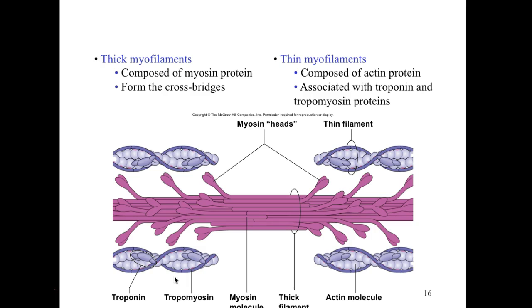So we are going to pick up with section 9.3. We'll look at muscle contraction regarding skeletal muscle. We'll talk about a thing called the neuromuscular junction, and then we'll talk about how we get that stimulus.